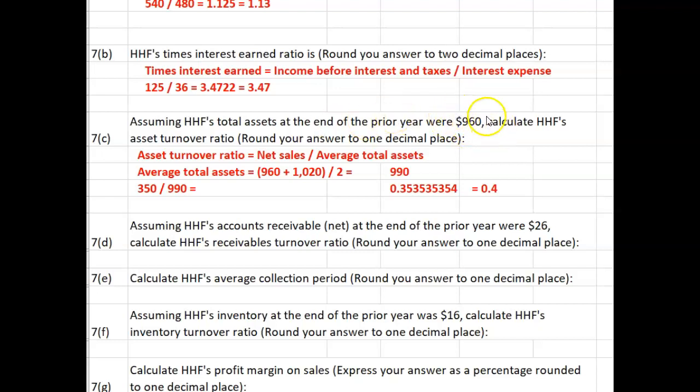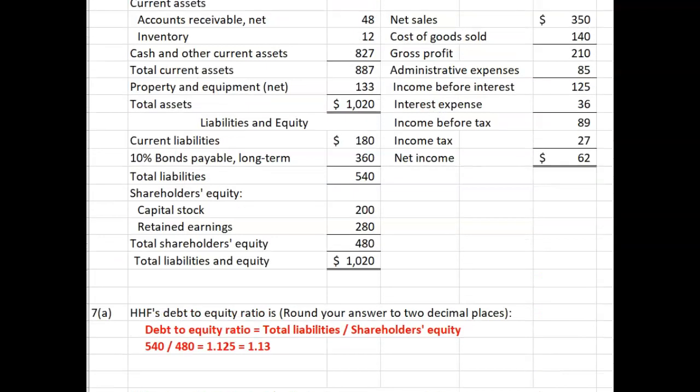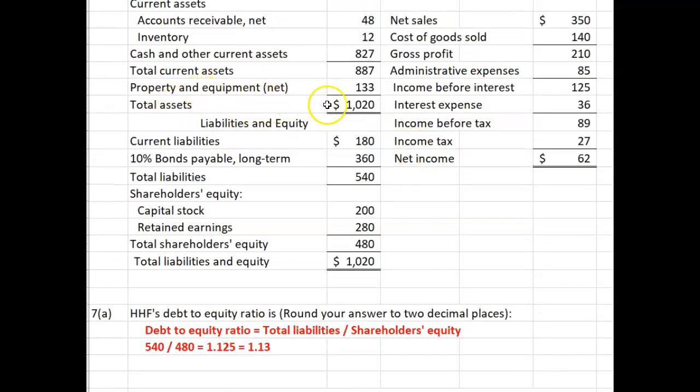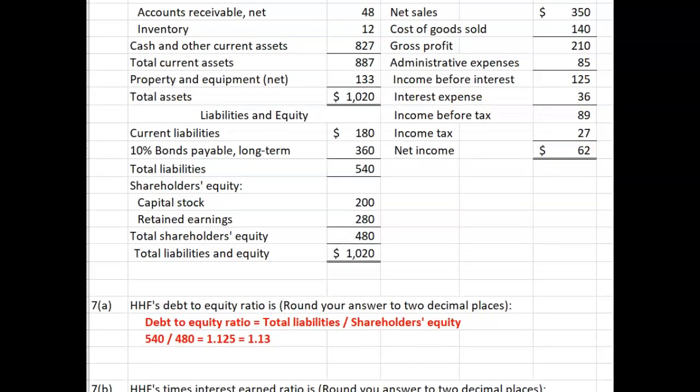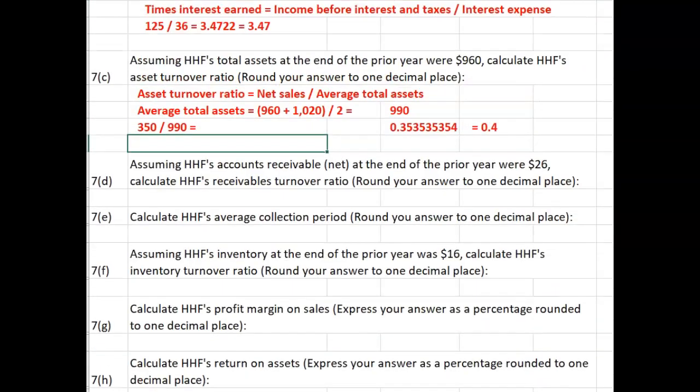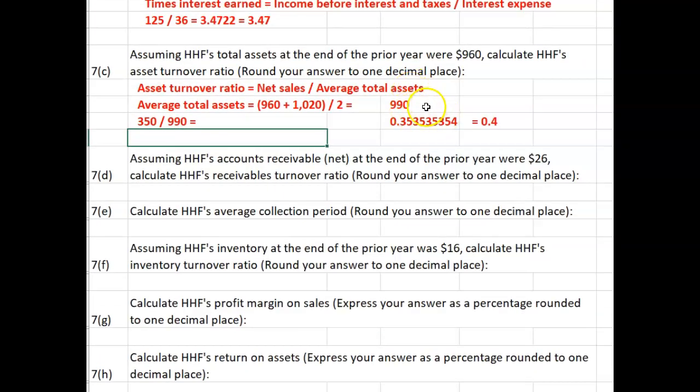So 960 is the beginning total assets, plus $1,020,000 of ending total assets, divided by 2 equals $990,000 of average total assets.